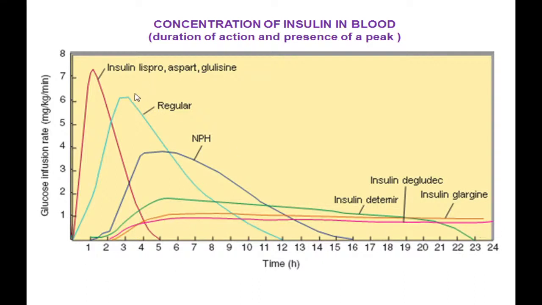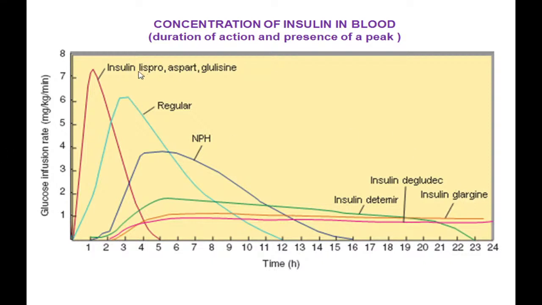And we see the names: insulin lispro, aspart, glulisine, insulin detemir, insulin degludec, insulin glargine. These are preparations of insulin in which certain amino acids are changed. And this change of amino acid causes change of pharmacokinetic properties.